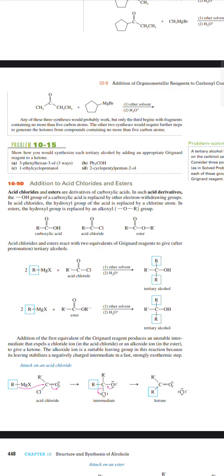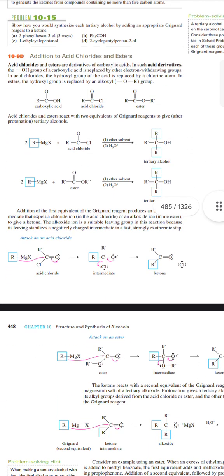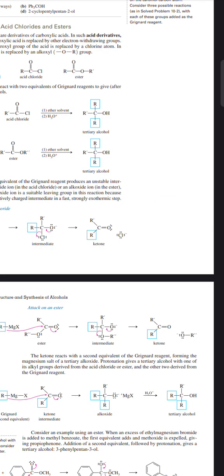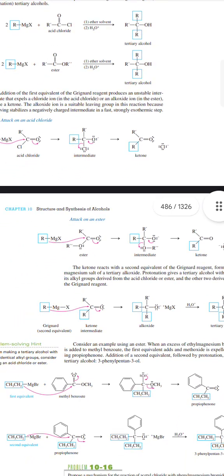The alkoxide ion is a suitable leaving group in this reaction because it stabilizes a negatively charged intermediate in a fast and strongly exothermic step. The ketone reacts with a second equivalent of Grignard reagent, forming the magnesium salt of a tertiary alkoxide. Protonation gives a tertiary alcohol with one of its alkyl groups derived from the acid chloride or ester and the other two derived from the Grignard reagent.